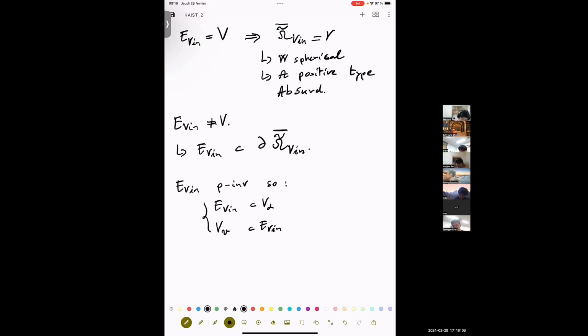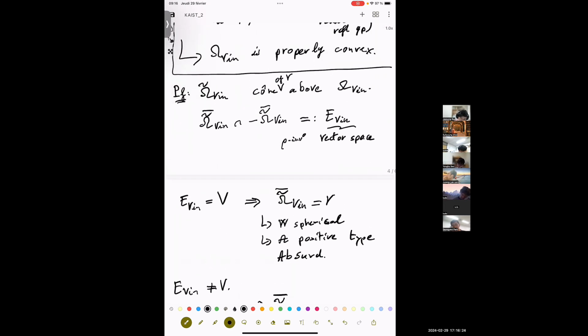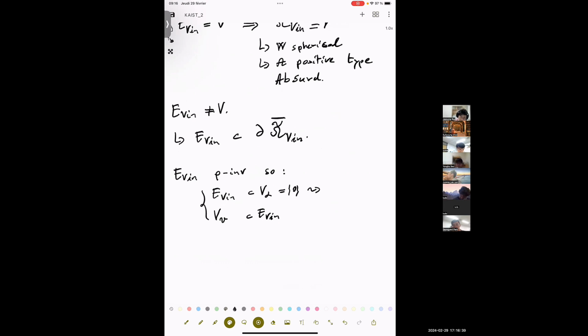But this space is equal to 0. Okay, very good. And so if this intersection is reduced to 0, it exactly means that omega Vin is properly convex.